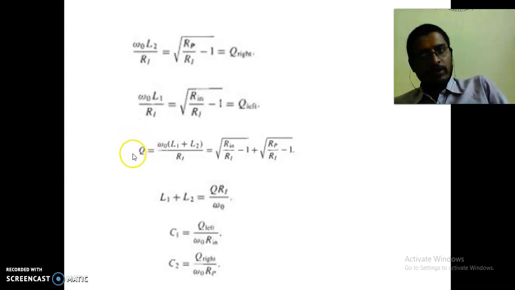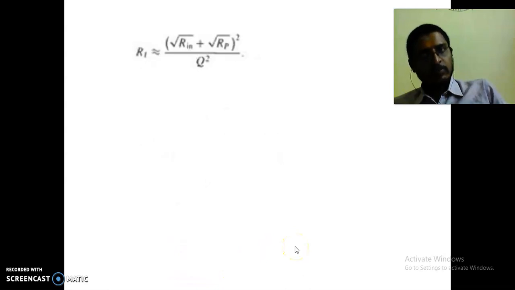So the overall quality factor Q is equal to omega naught (L1 plus L2) by Ri, which is the sum of square root of (Rn by Ri minus 1) and square root of (Rp by Ri minus 1). So L1 plus L2 is equal to Q Ri by omega naught. C1 is equal to Q left by omega naught Rn. C2 is equal to Q right by omega naught Rp. Overall, Ri is equal to (root Rn plus root Rp) whole squared by Q squared.